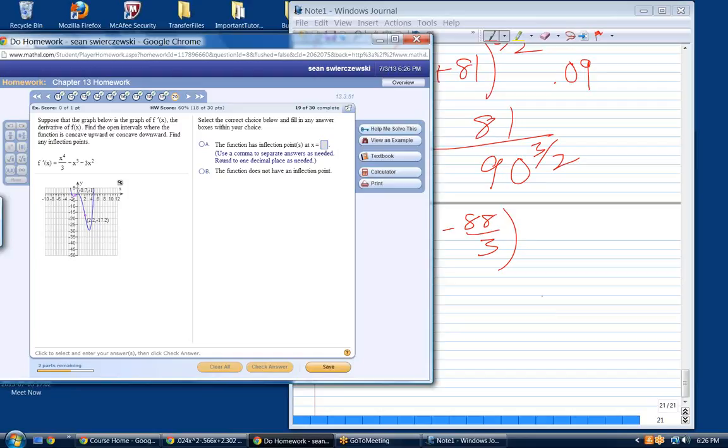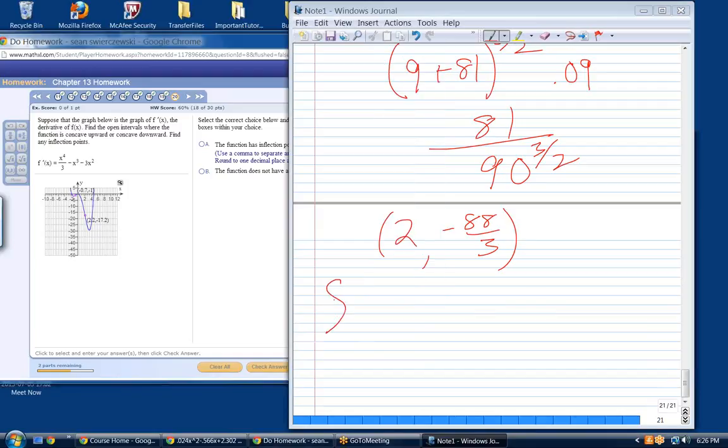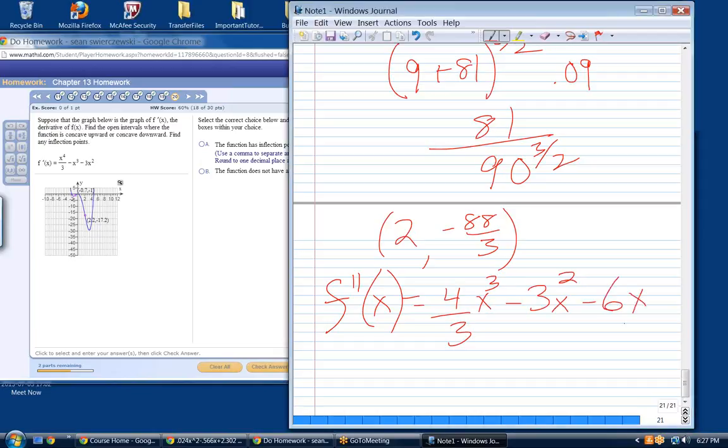Well, let's take the derivative of this to get the second derivative. What is the second derivative? So it's 4/3 x cubed minus 3x squared minus 6x. Okay, so there's the second derivative function.